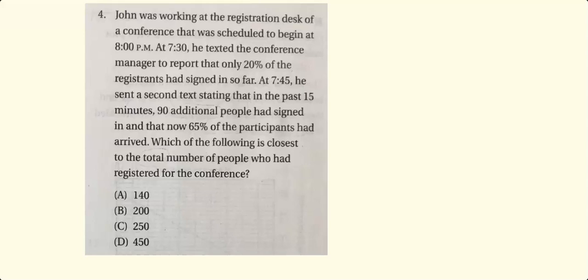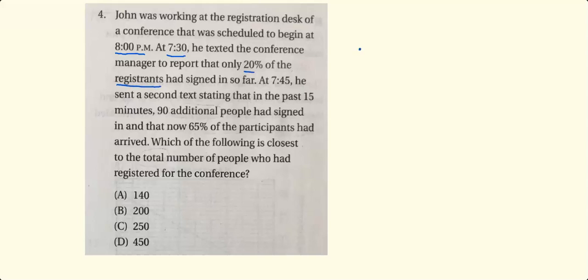Okay, so the first problem states: John was working at the registration desk of a conference that was scheduled to begin at 8:00 p.m. At 7:30, he texted the conference manager to report that only 20% of the registrants had signed in so far.